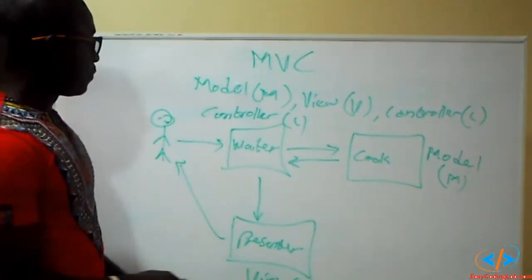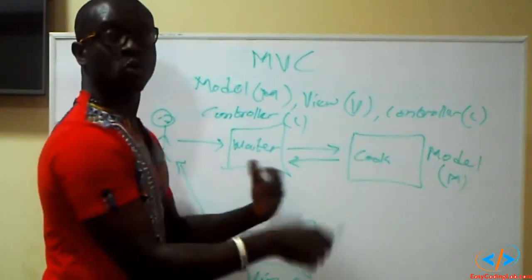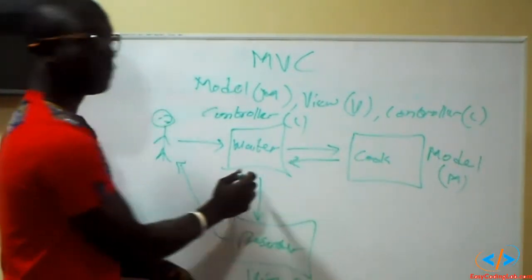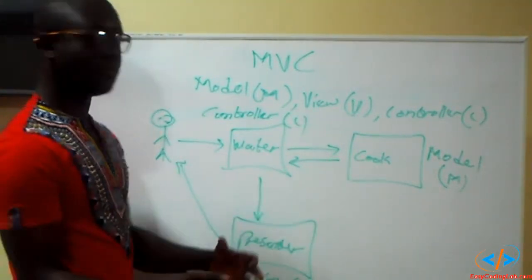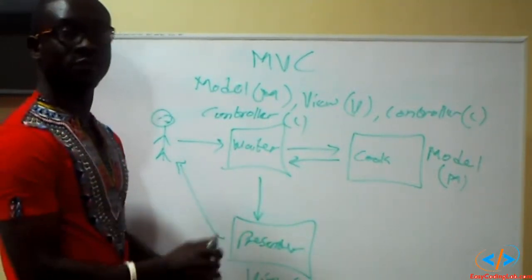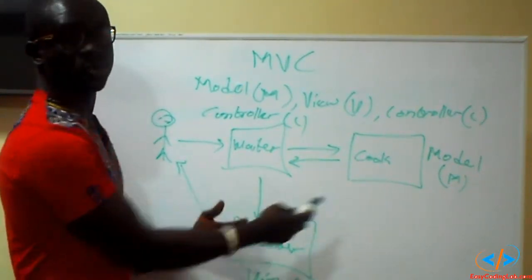So, like I explained, the waiter takes your order, gives it to the cook who prepares your meal, hands it over back to the waiter, who then hands the food to the presenter, who packages the food and gives it to you so attractively for you to go and enjoy. In a typical application scenario, this is what happens.